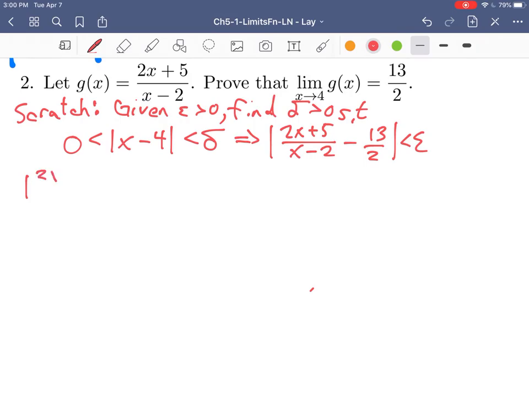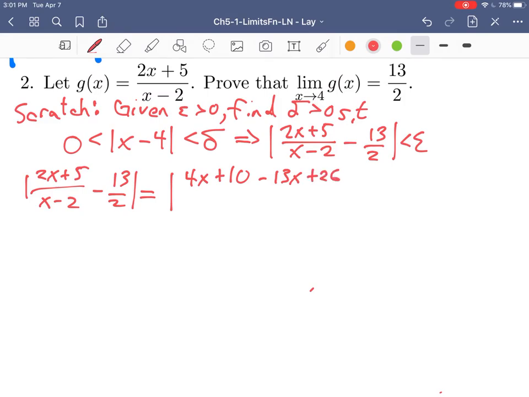So 2x plus 5 over x minus 2 minus 13 halves. When we take a look at that, get some common denominators and whatnot, we end up with 4x plus 10 minus 13x plus 26, all over 2 times x minus 2.